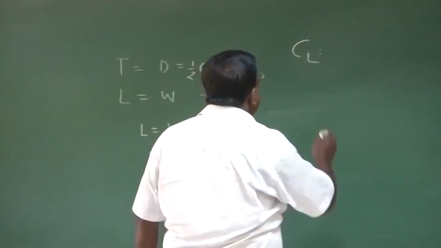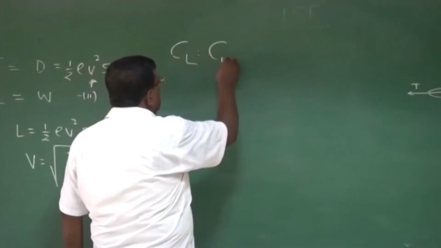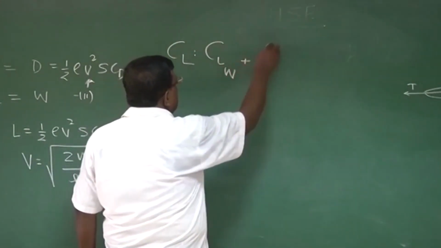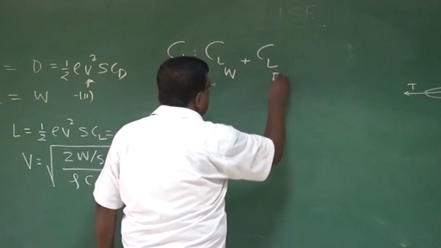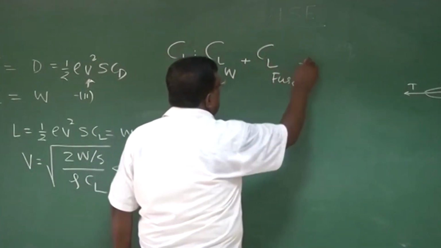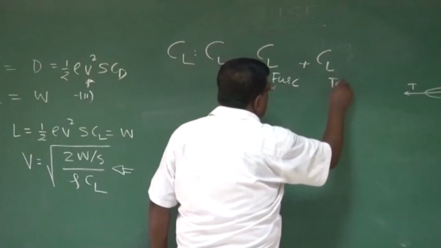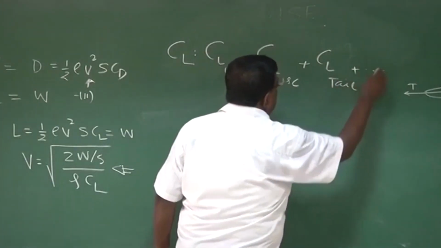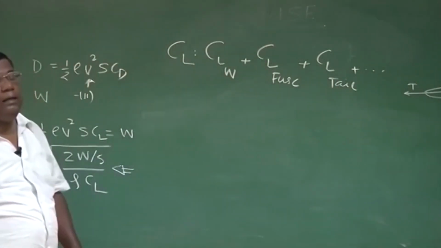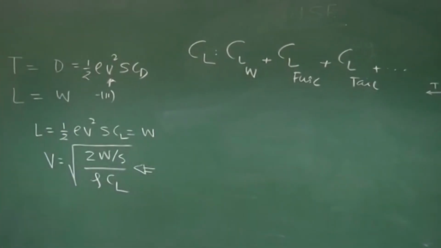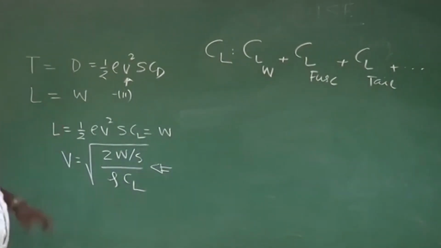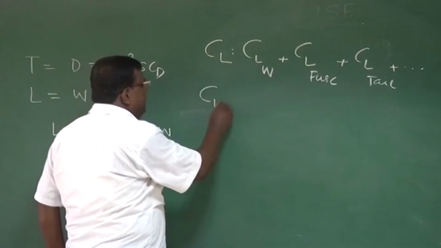So I will be very clear in my mind: this is CL because of the wing, this is CL because of the fuselage, this is CL because of the tail, and if any other components are there, there could be a canard, or any other surfaces. So CL is for the whole aircraft.